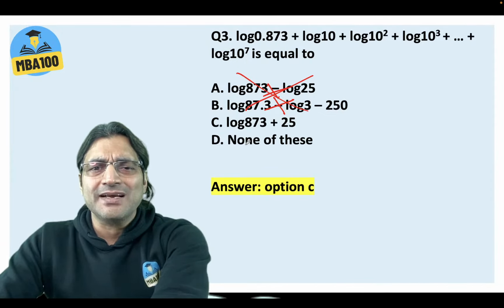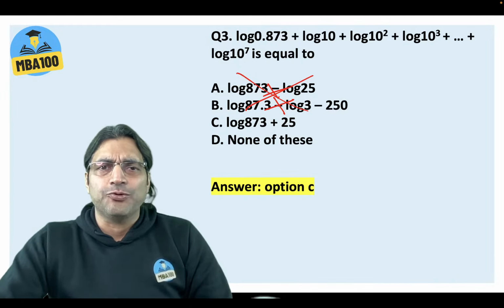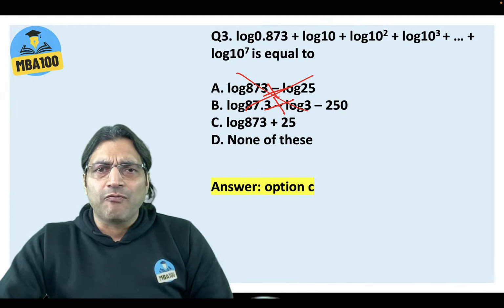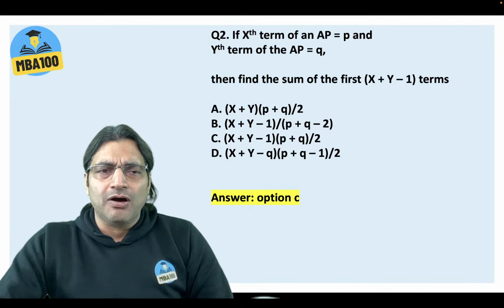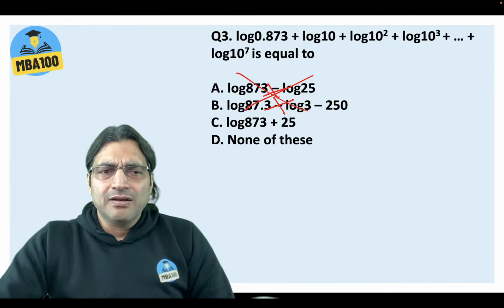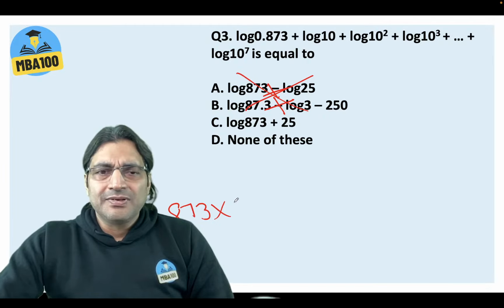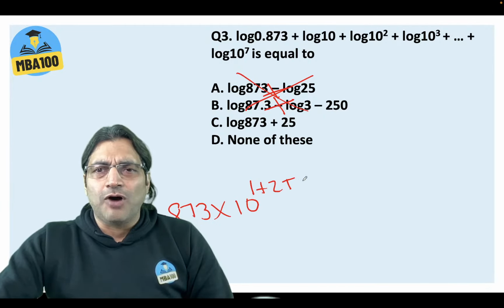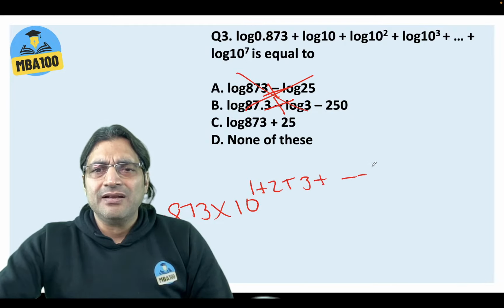All right, I do not think I need to do it, but otherwise also if you do it, what would it be? It would be log of 0.873 into 10, and the powers would be 1 plus 2 till what? Plus 3 till 7. So 7 into 8 divided by 2, so 10 to the power 28.